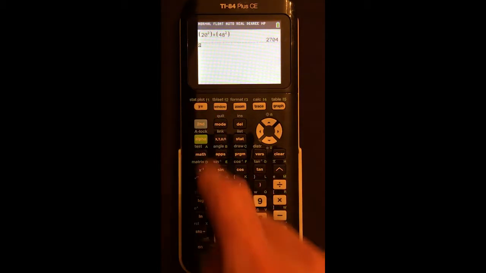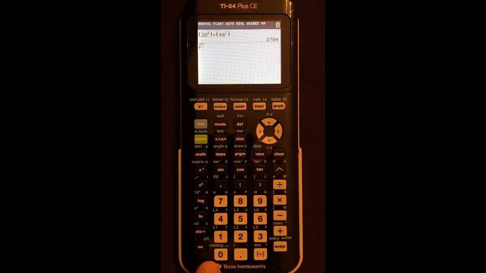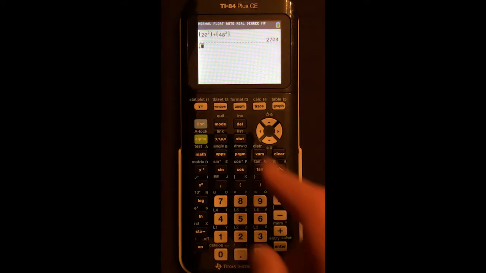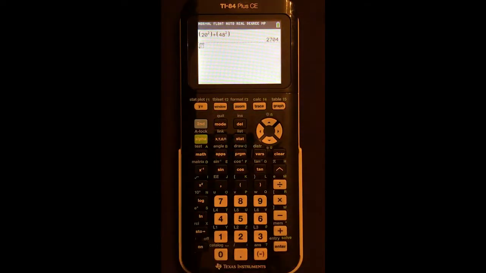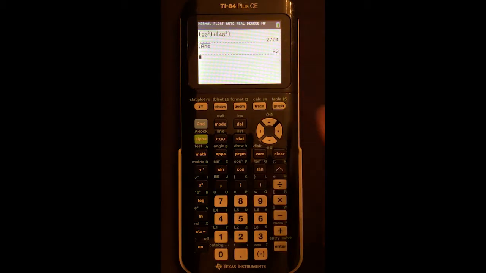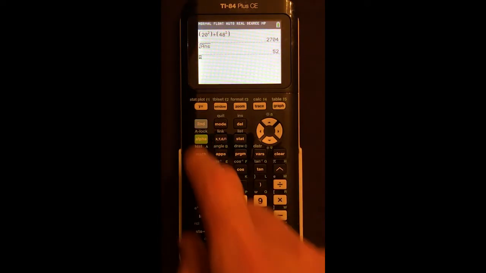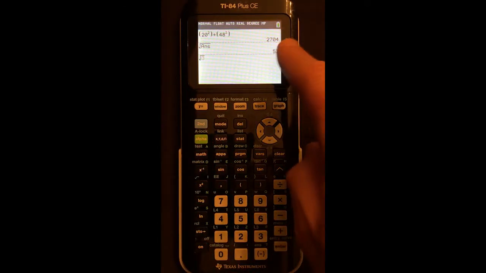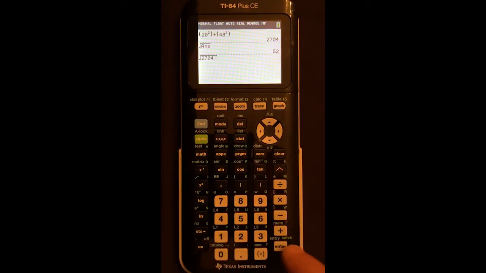We can use the answer key, so second and then the negative sign for answer. The square root of the answer means the square root of 2,704, which is 52, and that gives us the correct answer, which is F. Or we could have just done the square root and keyed in 2,704, and the same answer, of course, 52.